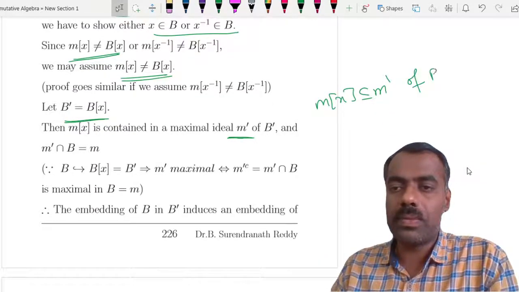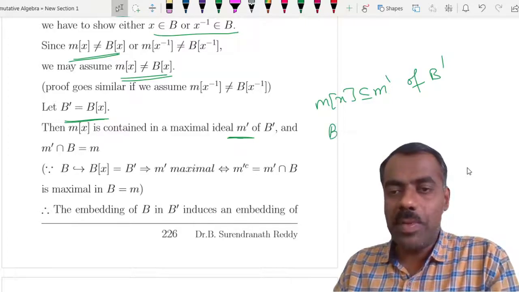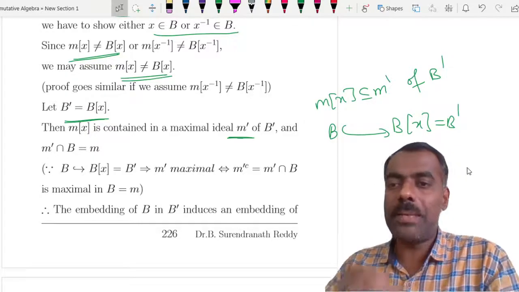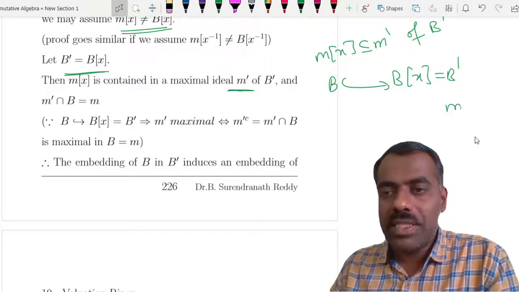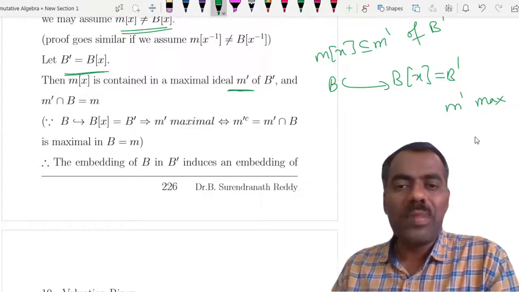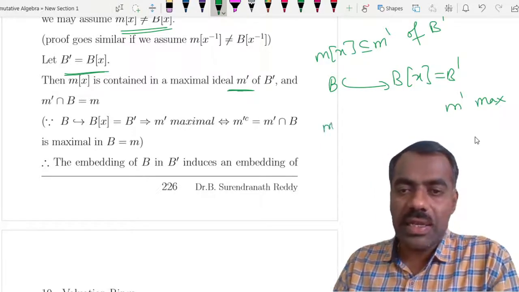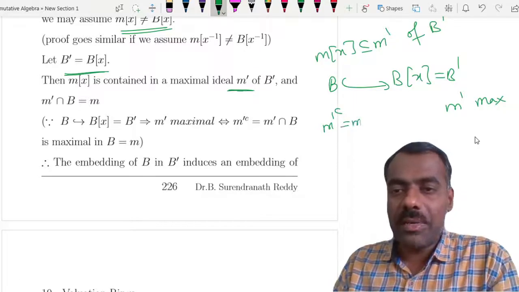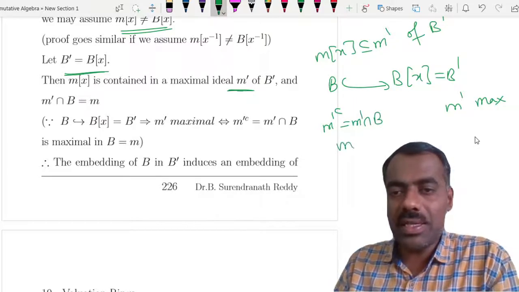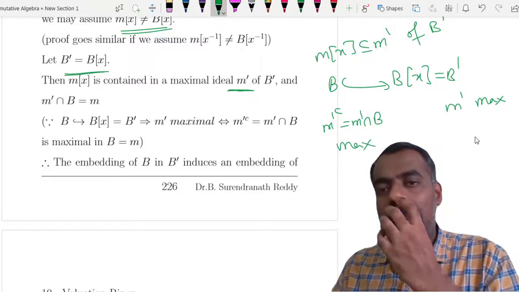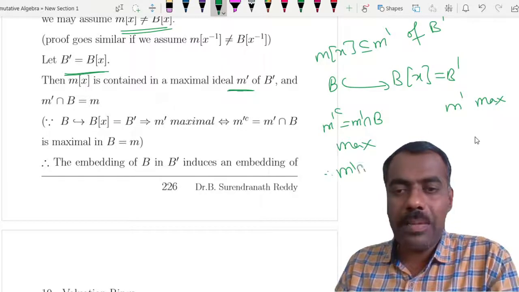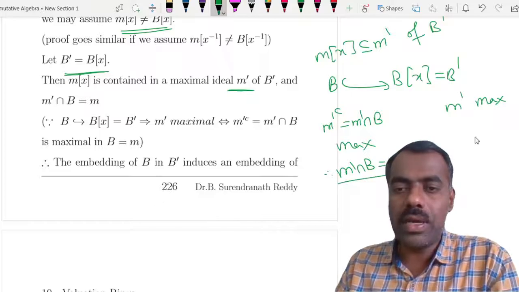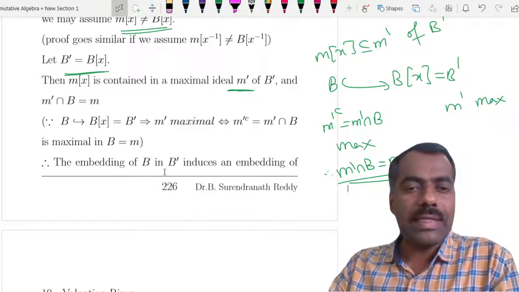Now you have B and the natural inclusion into B[x], which we have called B prime. Here M prime is a maximal ideal in B prime, so its contraction, M prime intersection B, is also a maximal ideal. But we know already that in B there is a unique maximal ideal M, so M prime intersection B should be equal to M, right?